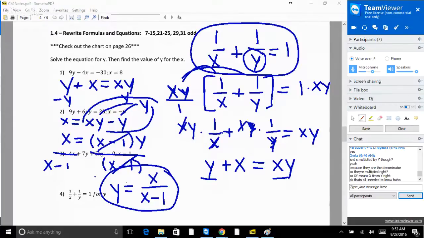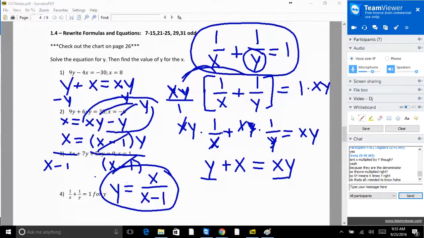I am going to switch up the homework maybe. No, I'm going to leave the homework like it is. So 7 through 15, 21 through 25, 29 and 31, and that's all odd. I didn't write odd behind each one, but it's 7 through 15 odd, 21 through 25 odd, and 29 and 31.